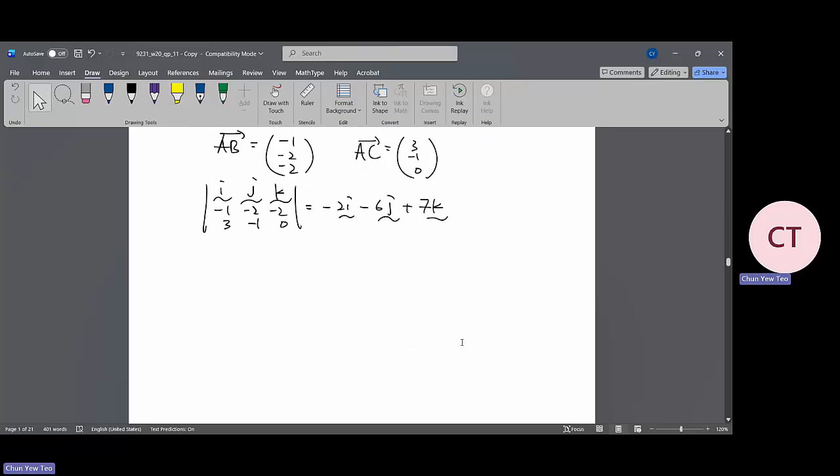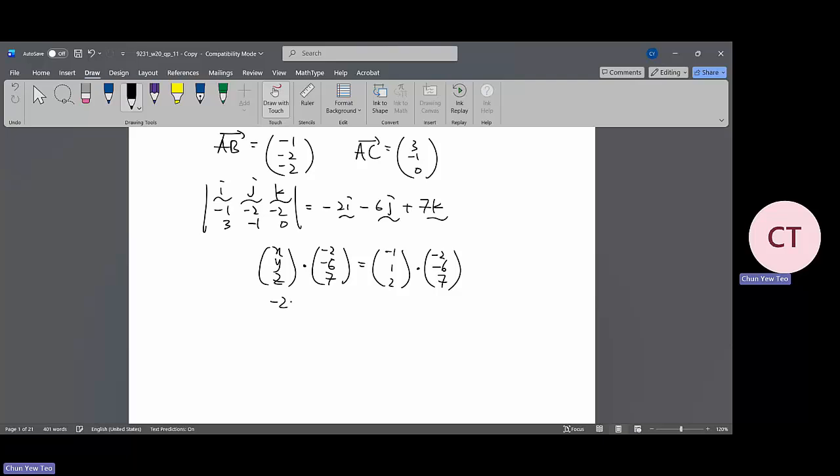Then you can find the plane now by having a 4 bracket arranged in this way. This is the normal, -2, -6, and 7. This is the random position vector, x, y, z. And we have the position vector over here. Choose the position vector A. Then I expand them.